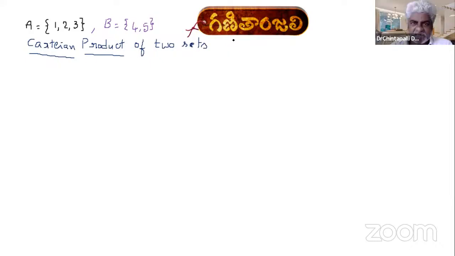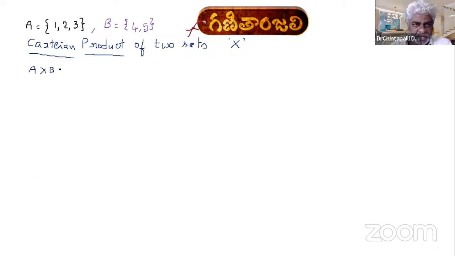Its symbol is cross. For example, if we want the Cartesian product of A and B, that is A cross B. This is the Cartesian product of two sets A and B.